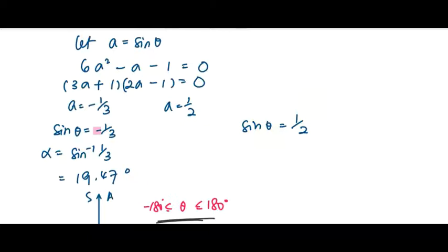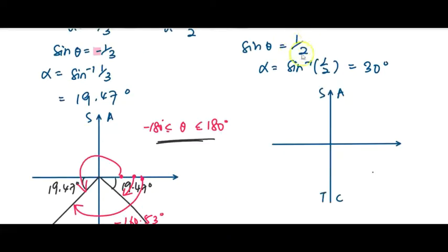Then continue with sin theta equals 1 over 2. Get your basic angle by finding the arcsin of 1 over 2. This equals 30 degrees. Now let's sketch our diagram. Looking at the angle theta by considering the sign of sin theta, sin theta is positive, so our angle falls in the first quadrant and the second quadrant.